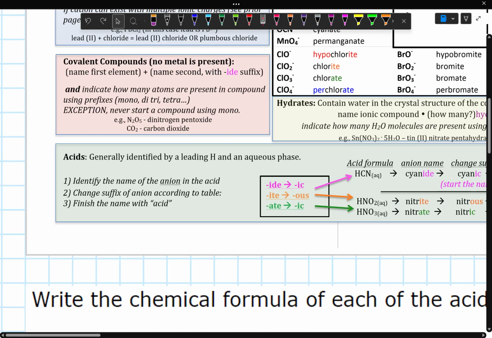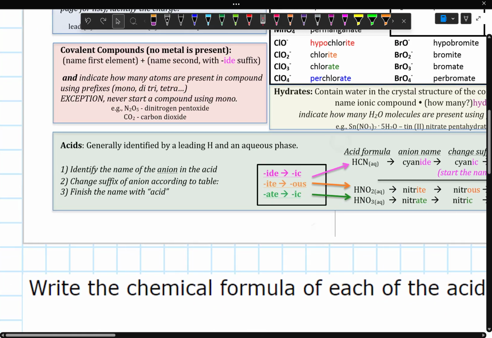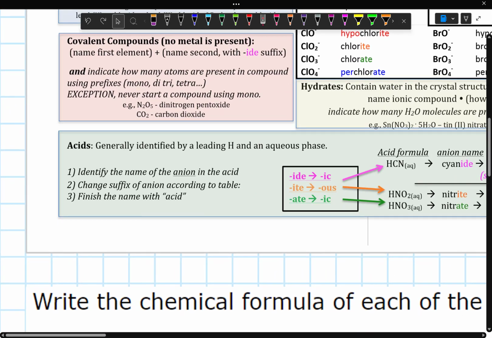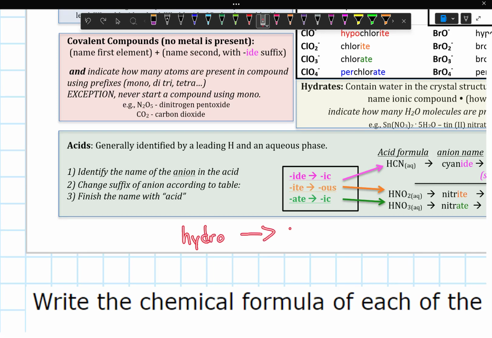Another thing to note is that when we're dealing with acids, if it has the prefix hydro, that means we're going to be dealing with an acid that doesn't have an oxygen present.